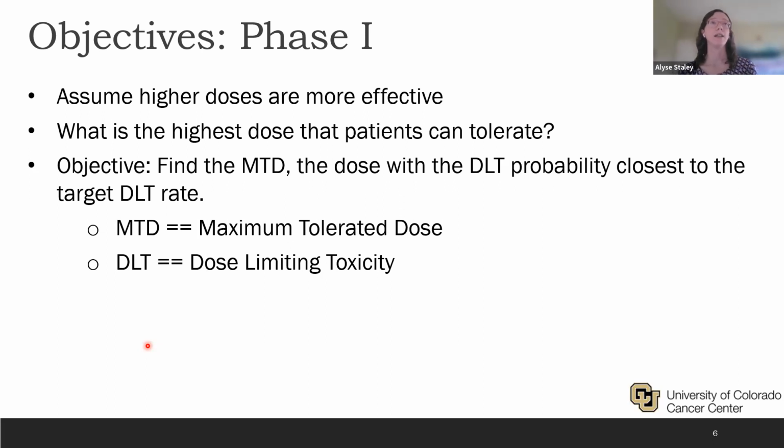More specifically, we want to find the maximum tolerated dose, or MTD, where the MTD is defined as the dose with the DLT probability closest to the target DLT rate, where a DLT is a dose-limiting toxicity, or a toxicity that is deemed unsafe enough that a patient needs to stop taking the medication. For example, if we're trying to have a target DLT rate of about a third of patients experiencing a dose-limiting toxicity, we want to find the dose that gets as close to having a third of patients experience a DLT as possible.